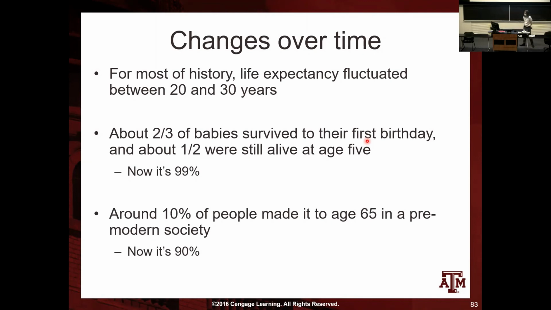And it was only 50%, only 1 out of 2, okay? Around 10% of the population made it to at least 65 years of age in a pre-modern society, and now it's 90%. From 10 to 90%, from 50 to 99%.